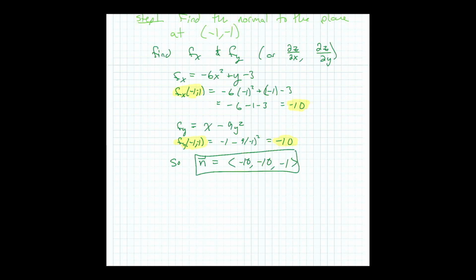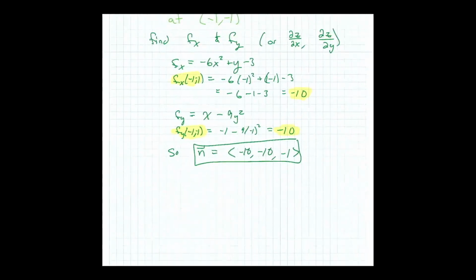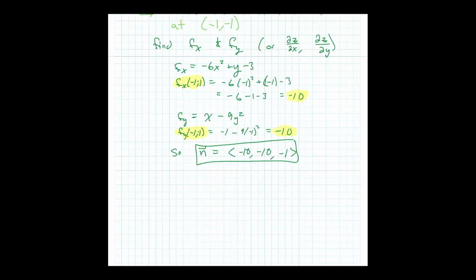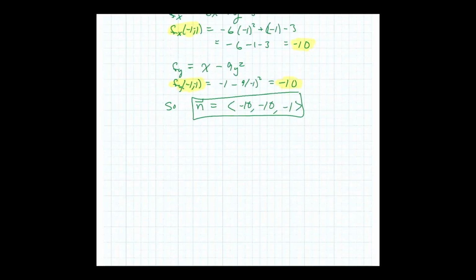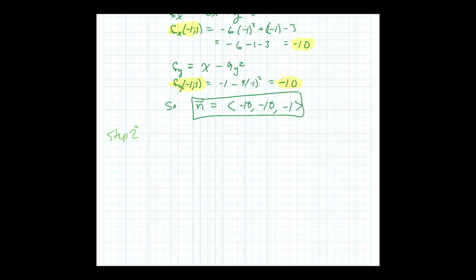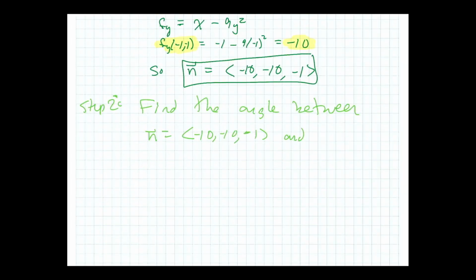Now step 2 is going to be to find the angle between that normal vector, negative 10, negative 10, negative 1, and the normal vector to the xy plane, which is 0, 0, 1. Okay?